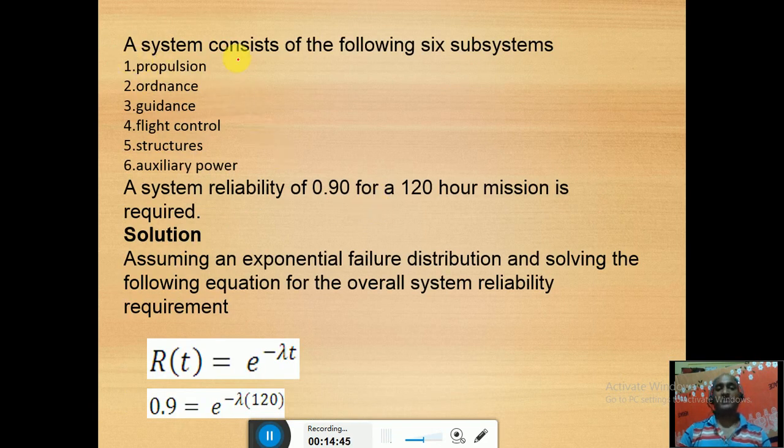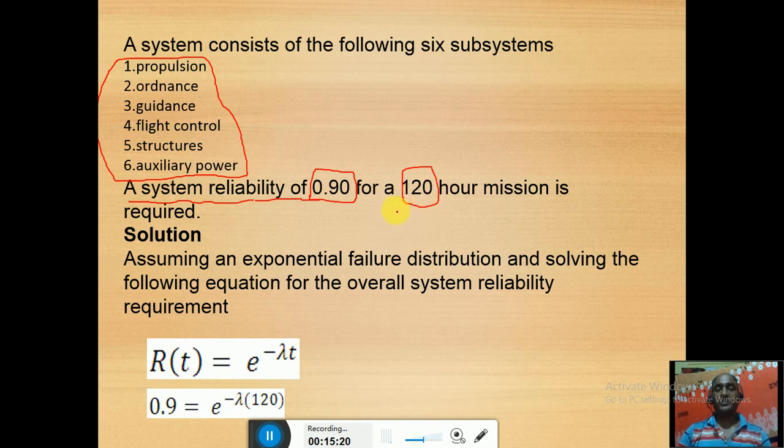So the problem is: a system consists of the following 6 subsystems: propulsions, ordnance, guidance, flight control system, structure system, and auxiliary power system. When you combine all these six, it will become a particular system. So these six are the subsystems of a system. Now we have to allocate the reliability. The target we have is 0.9 for the system reliability for 120 hours.